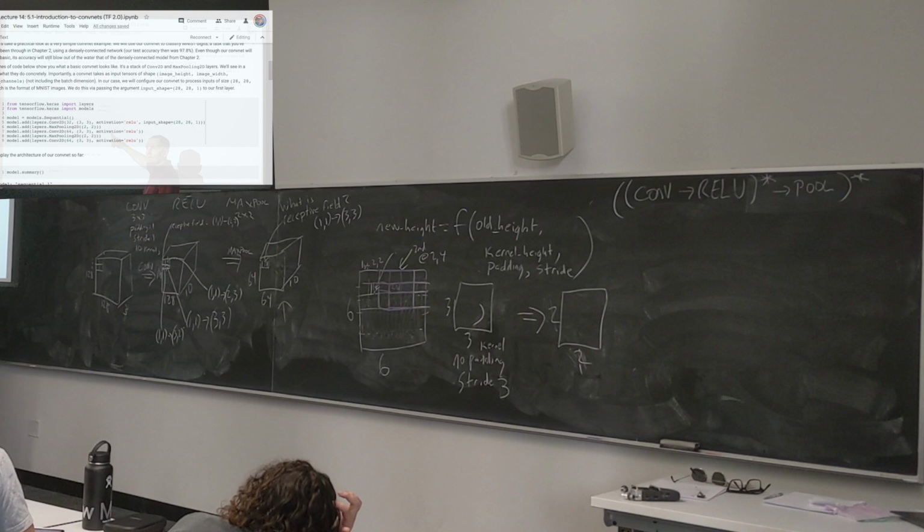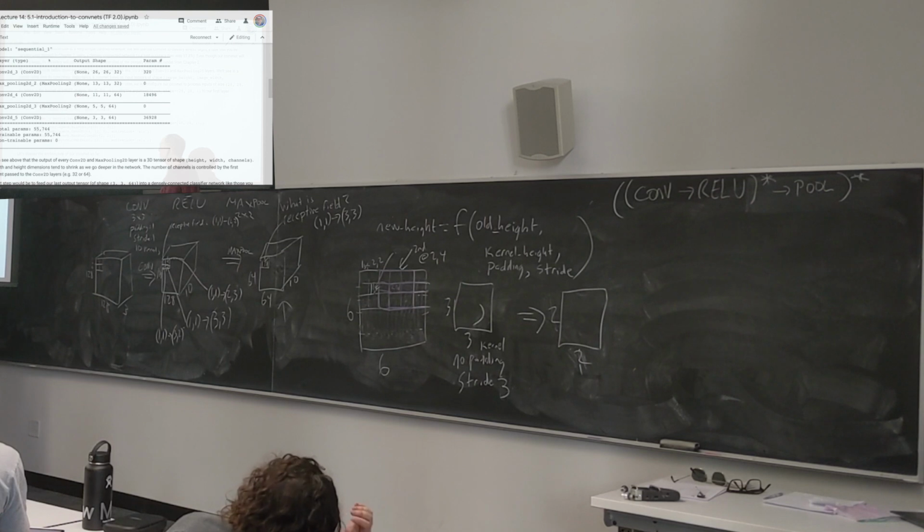How many of them? 64. So notice our size has dropped from 28 by 28 to 14 by 14. But now we're increasing the number of kernels from 32 to 64, so our depth is increasing commensurately. We do another max pool, and then we do 64.